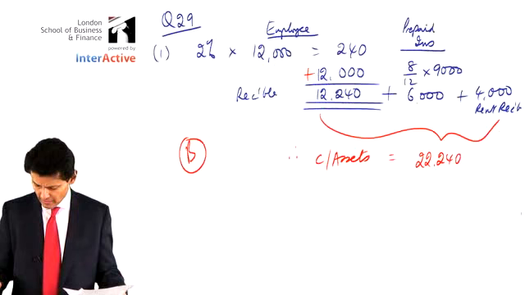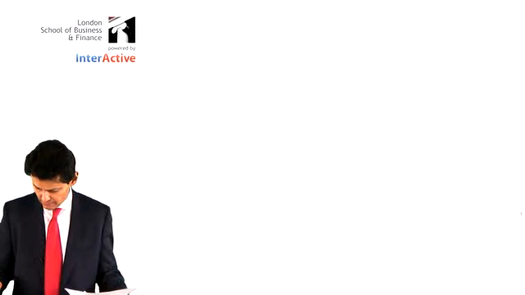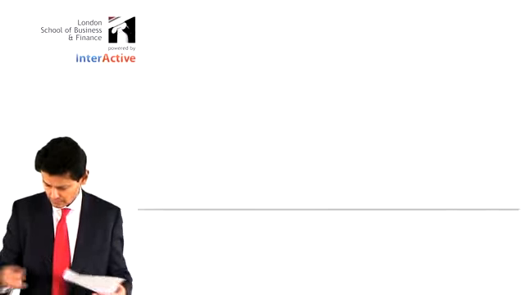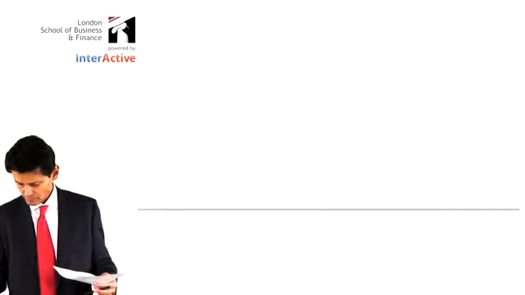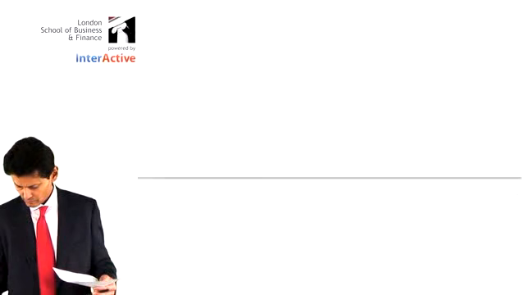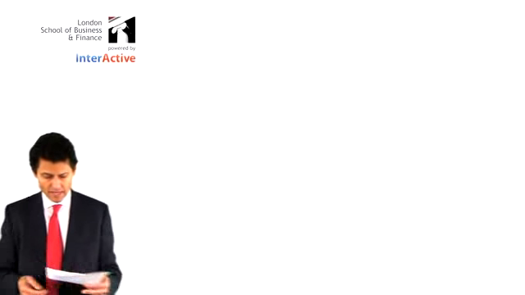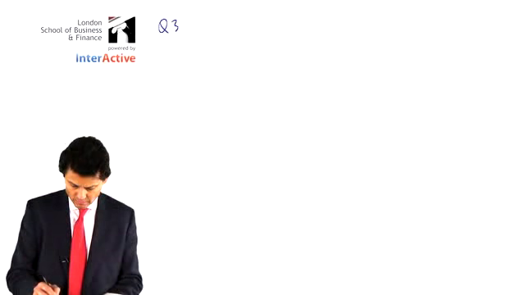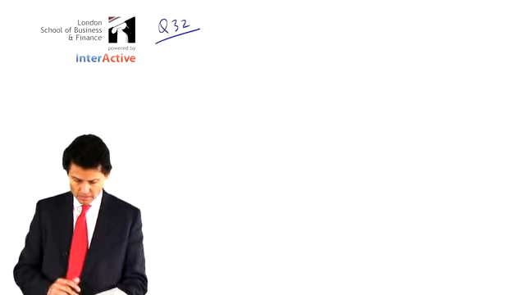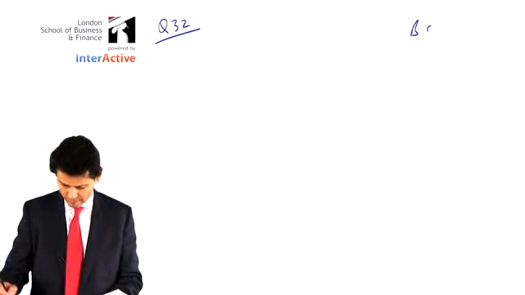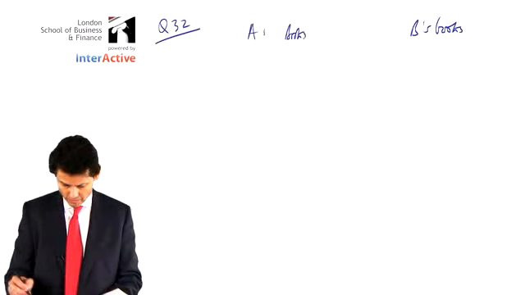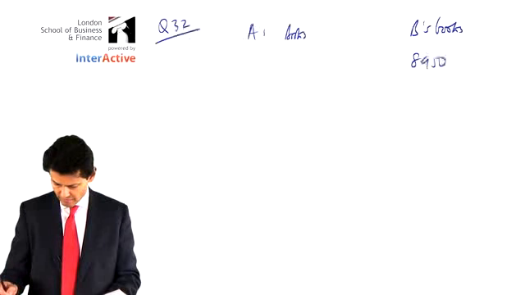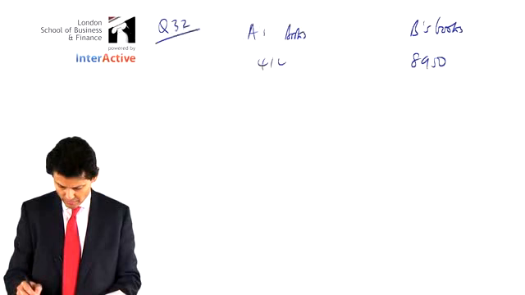So we're moving on in our little working sheet, question number 32. So we've got here B's books, A's books, 8950, and over here we've got 4140.